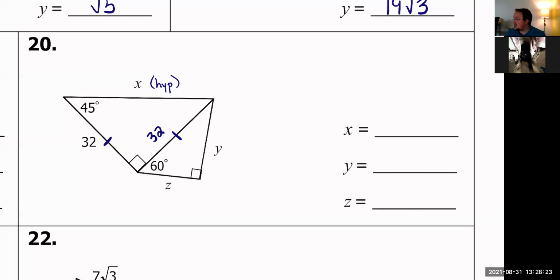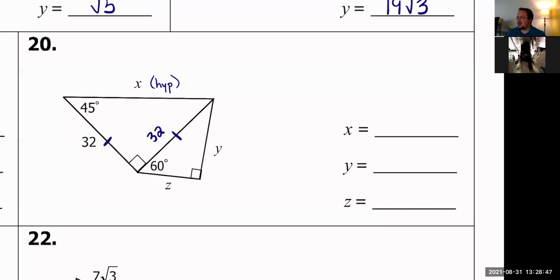So while I'm here in this 45, 45, 90, let's go ahead and knock out the X. How do you find the hypotenuse in a 45, 45, 90? X is the leg, X square root of 2.